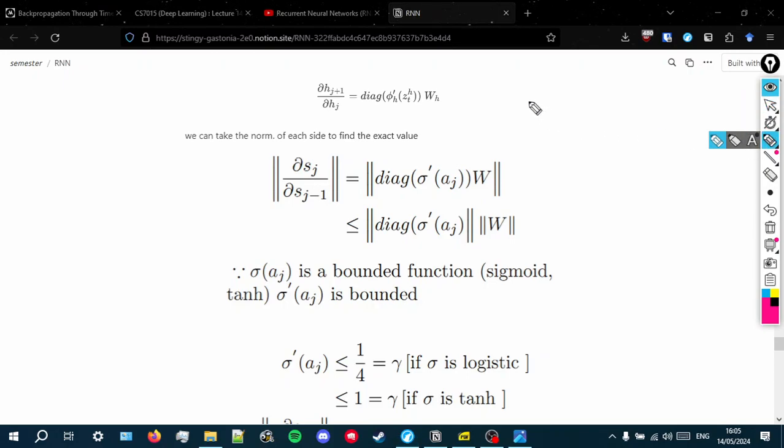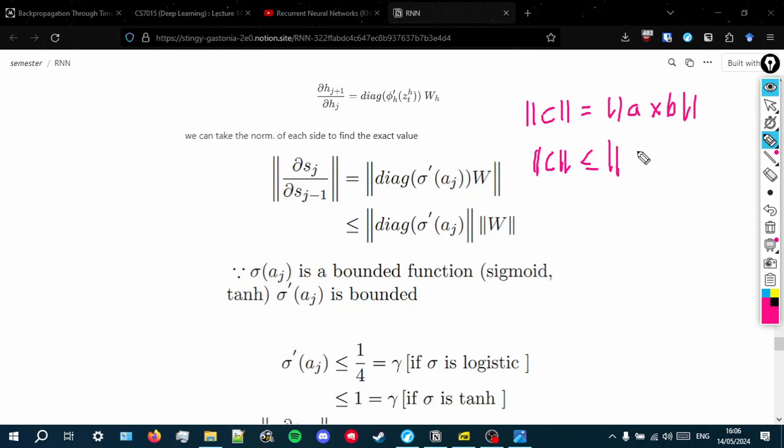In linear algebra, if we have C equals A times B, we can then say that the norm of C is less than or equal to the norm of A times the norm of B. So this is basically what they've done here. We don't need to know the proof of this, or necessarily why they did this. They're just trying to prove the fact that this value can have a maximum and a minimum.